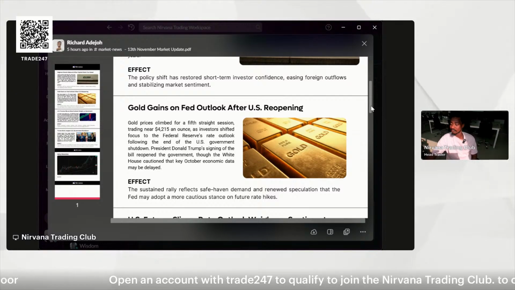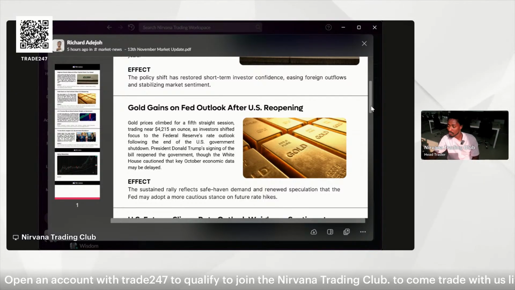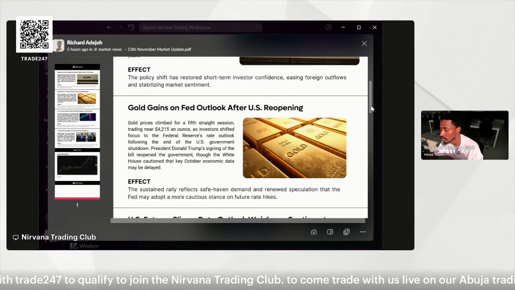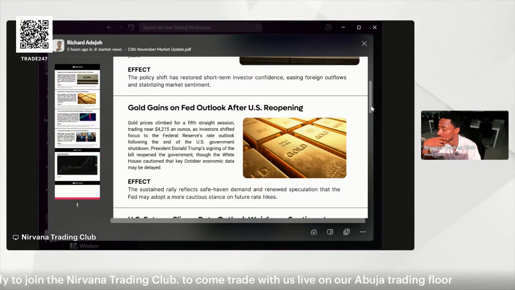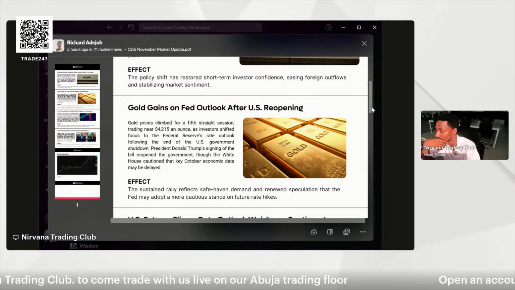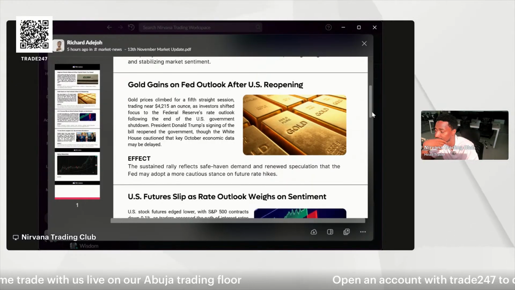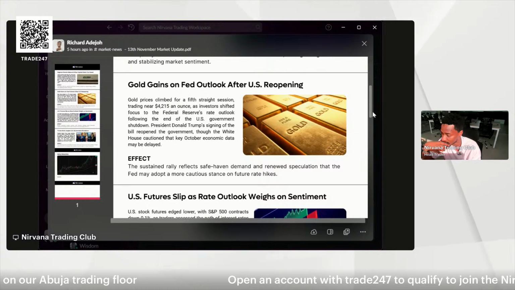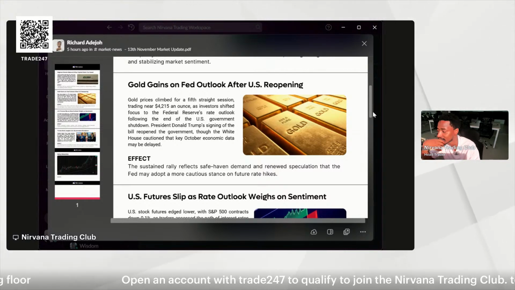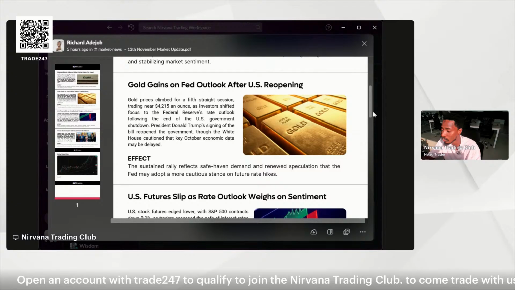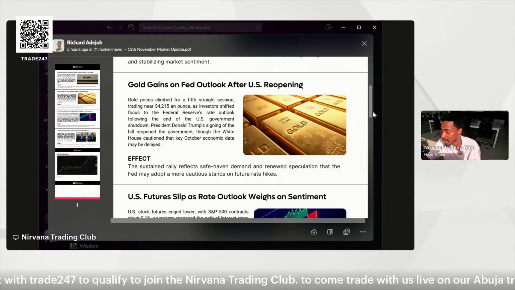President Donald Trump's signing of the bill reopened the government, though the White House cautioned that key October economic data may be delayed. What's the effect? The sustained rally reflects safe haven demand and renewed speculation that the Fed may adopt a more cautious stance on future rate hikes.